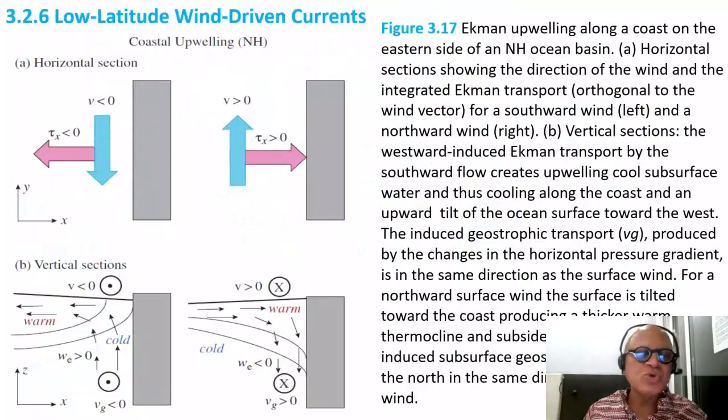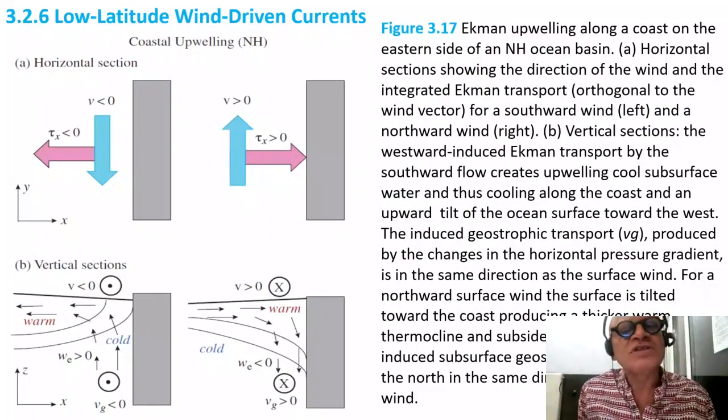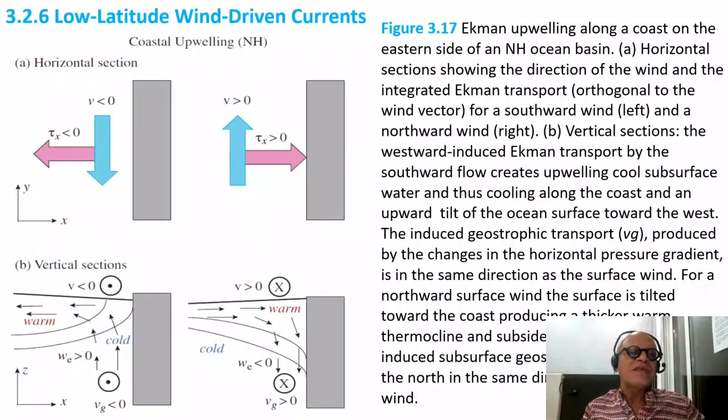Looking at the low latitude wind driven currents, this is just showing coastal upwelling. So if you have winds that are offshore, then that's going to drag waters away from the coast, which means divergence. So there's going to be upwelling, and you are also going to set up a pressure gradient.